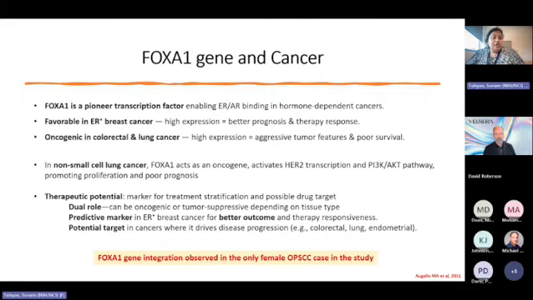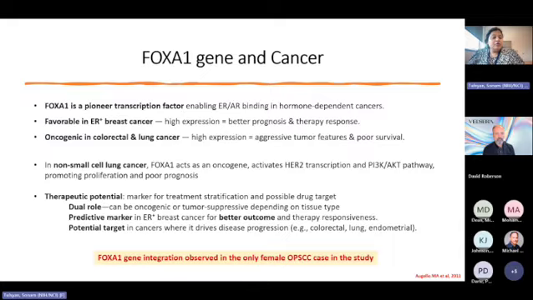The other gene where HPV was integrating was the FOXA1 gene. It acts as a pioneer transcription factor, enabling estrogen receptor and androgen receptor binding in hormone-dependent cancers. Studies have shown that it is favorable in estrogen receptor-positive breast cancer, as its high expression leads to better prognosis and therapy response.